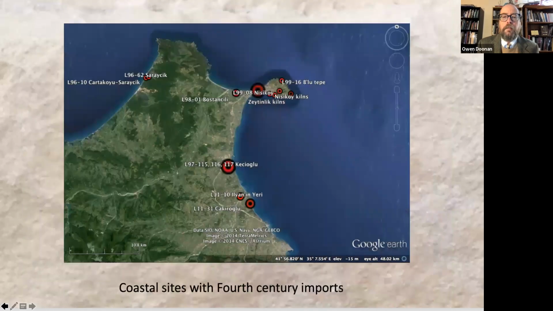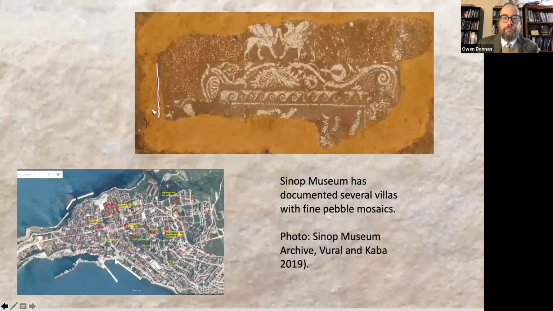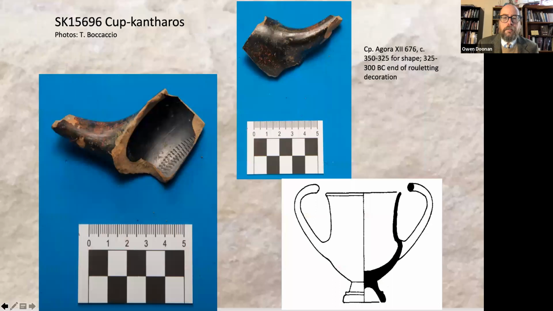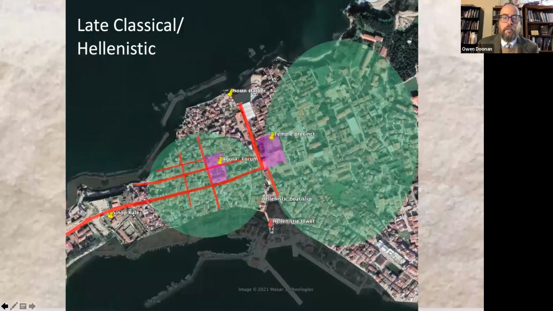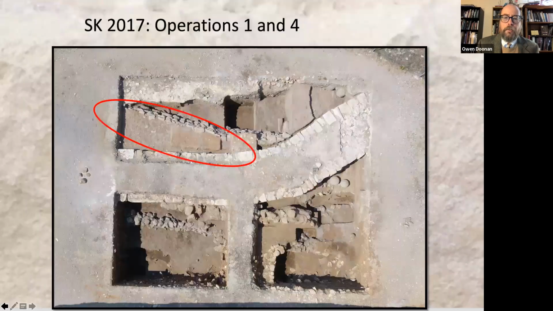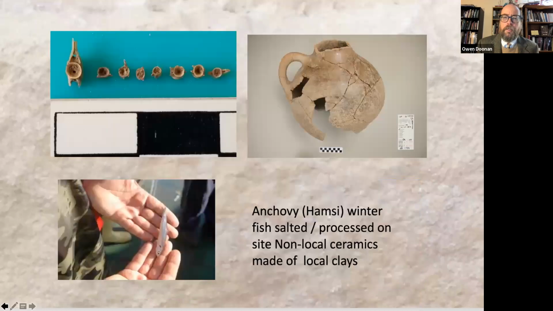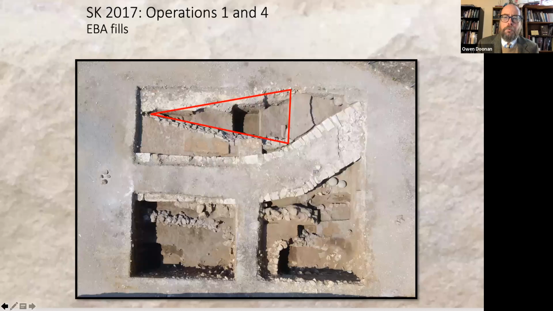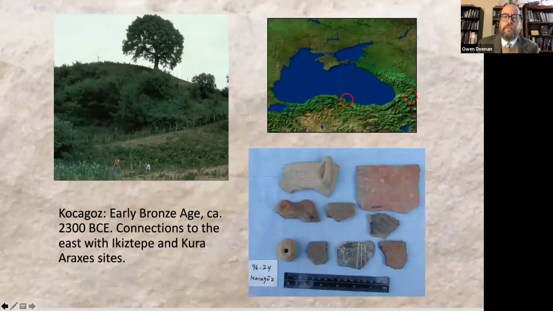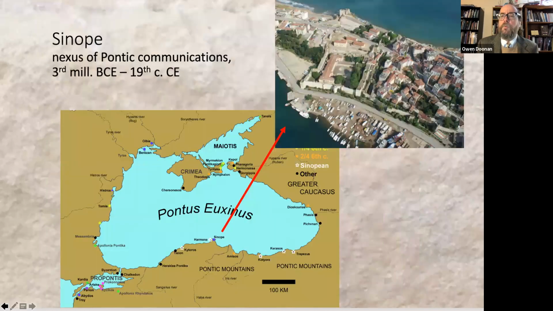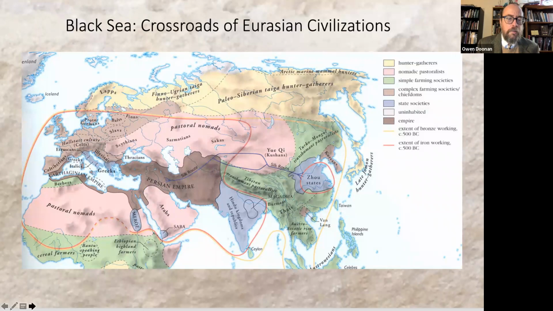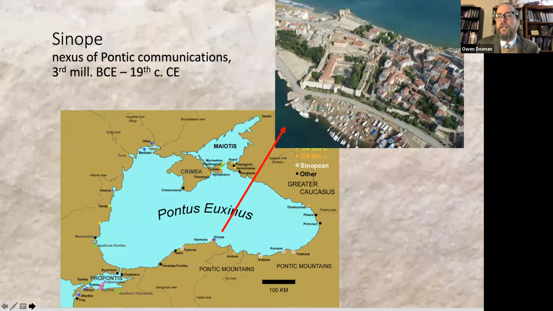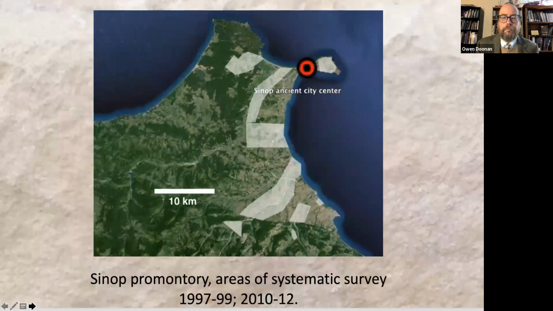So we have been negotiating with the mayor's office in Sinope, and actually received some important permissions to expand the area that we're working. Let me find an appropriate image that helps me talk about this.